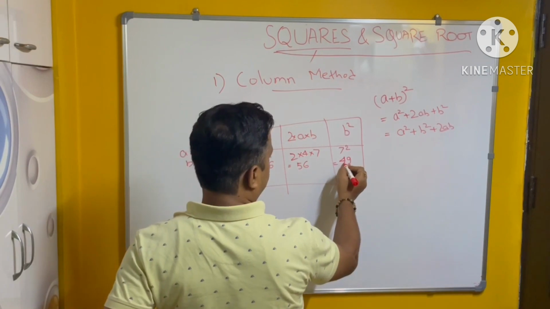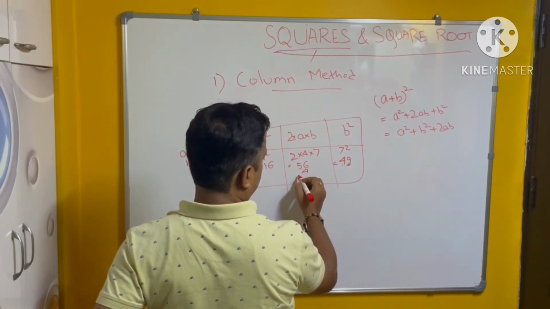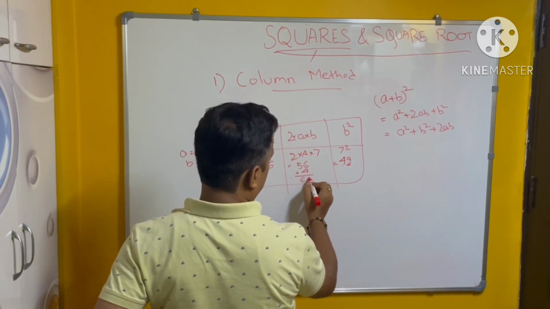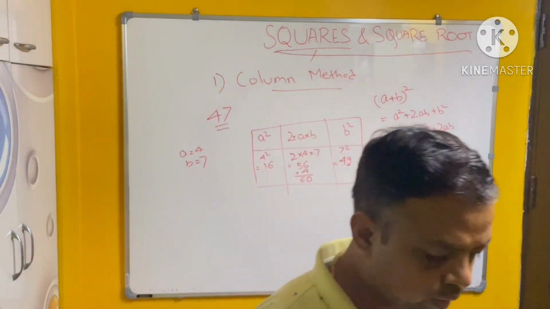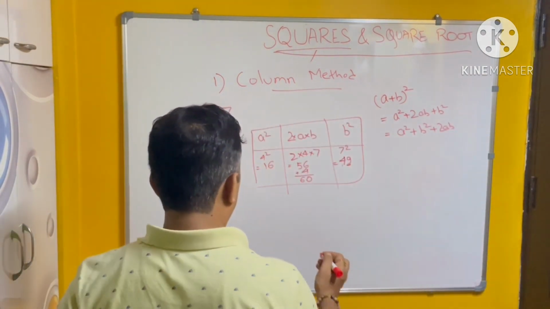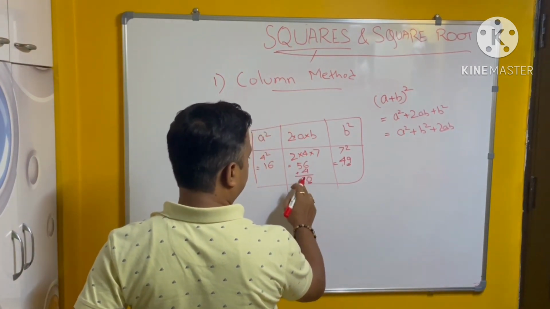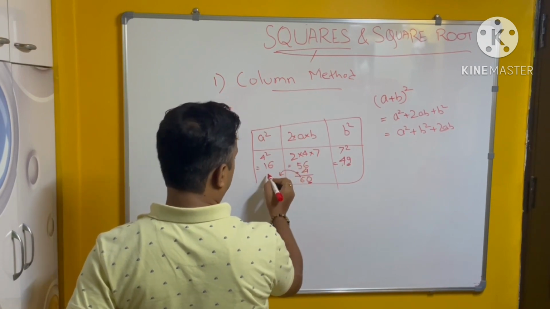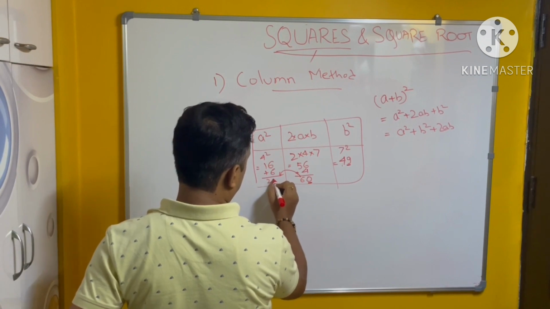This number will be carried forward to this one. And then 16. Again, this number we will keep here and this will go here, carry forward, so plus 6, 22.